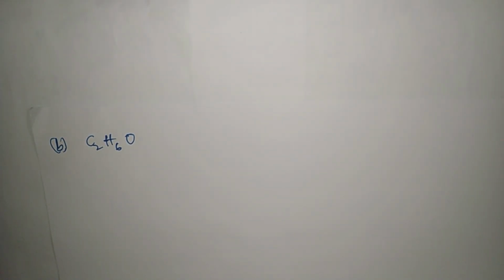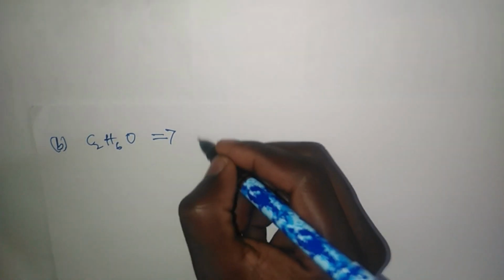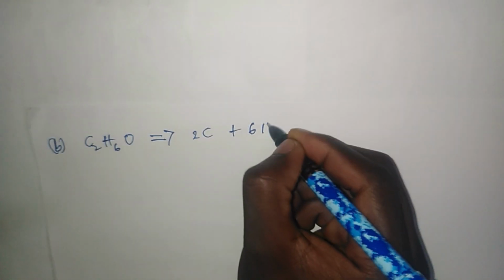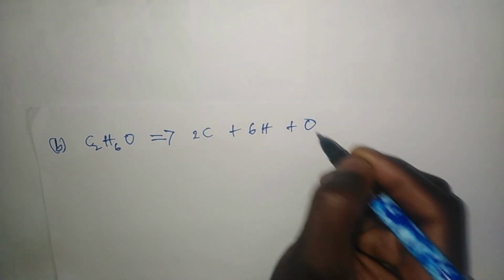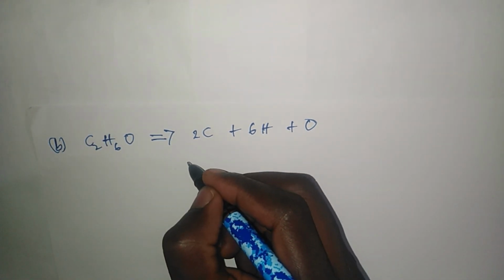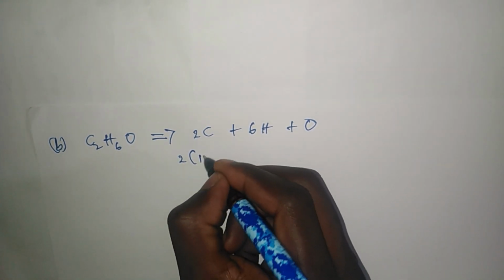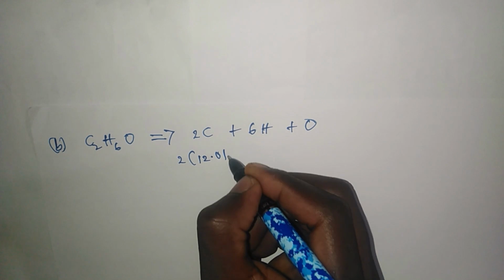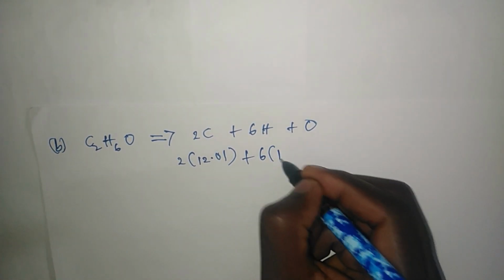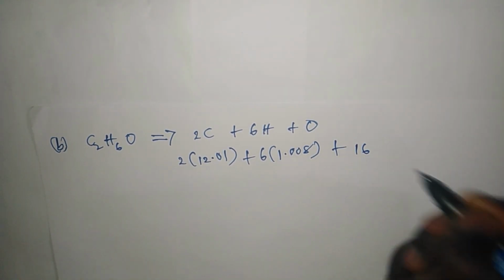We'll say 2C plus 6H plus O. Therefore, 2 times the molar mass of carbon, 12.01, plus 6 times 1.008 plus 16.